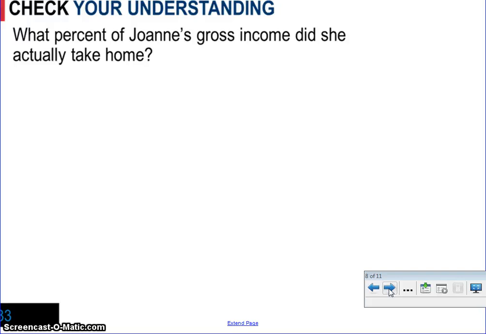All right, it says what percent of Joanne's income or gross income did she actually take home? So it's important to see that they're asking about the income, not the deductions. So she earned $76,350 in the year. We see that from her W-2.